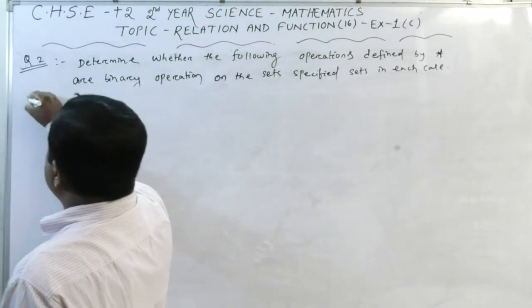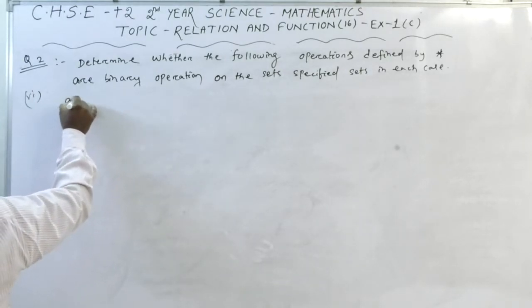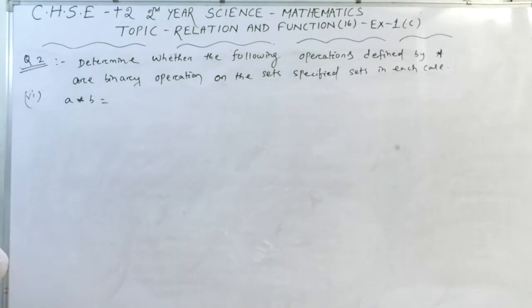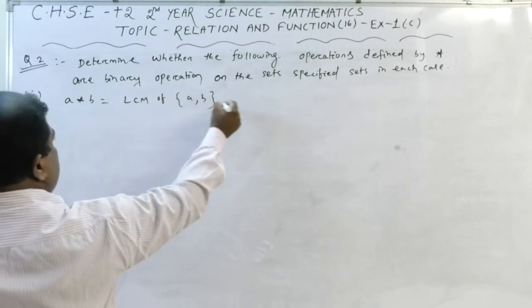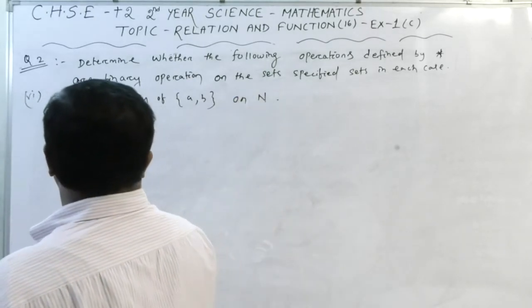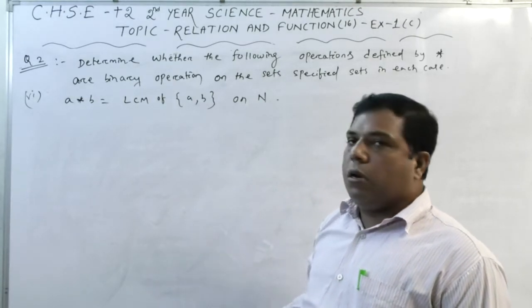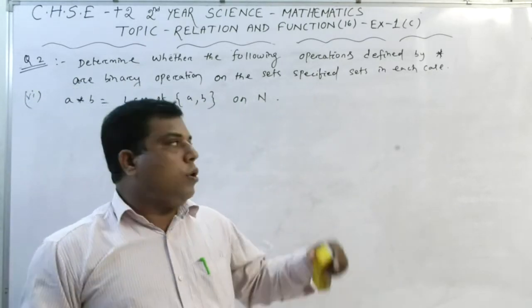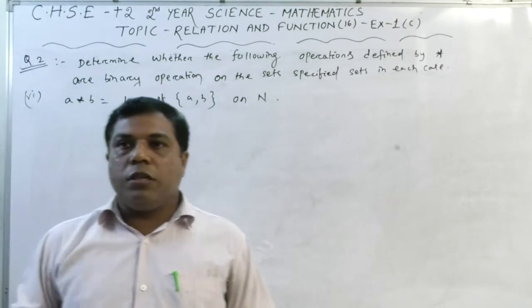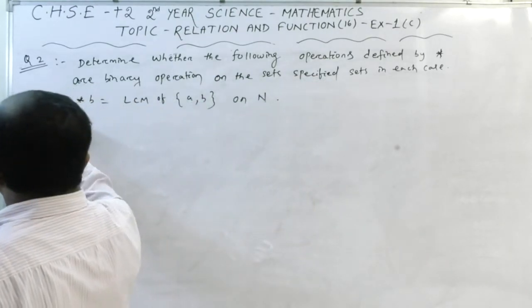The question is given as: LCM of A, B on N. Okay, LCM of A, B, and it is defined on the set of natural numbers. Clear? Now we have to show whether it is a binary operation or not. If it is a binary operation, then all the properties are going to be verified as per question number 3. So simultaneously we are going to solve question 2 and question 3. So I am writing the solution here.